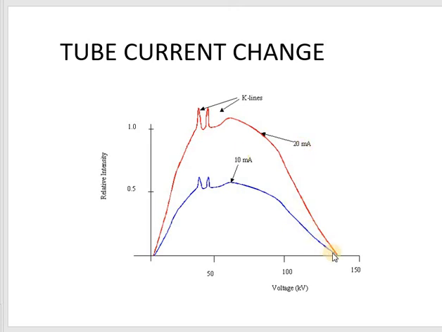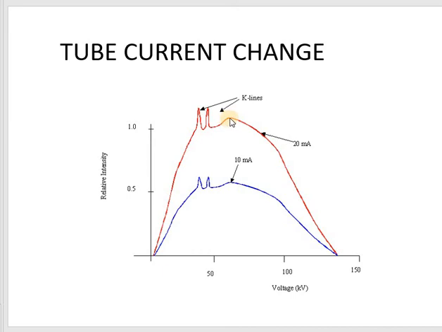If you can see here, the kVp is set the same for both parameters. However, the current is higher for the red, and compared to it, the intensity is doubled.